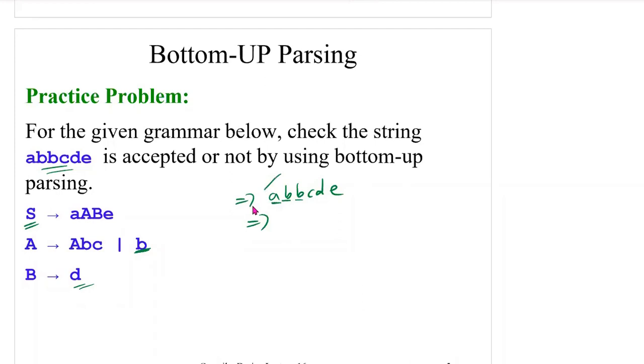Now for B, you can substitute. Terminal B is substituted with variable A. Now I will substitute A here, then B, C, D, E. Here what is the substitution I used? A derives B. Now in place of B, A is substituted.